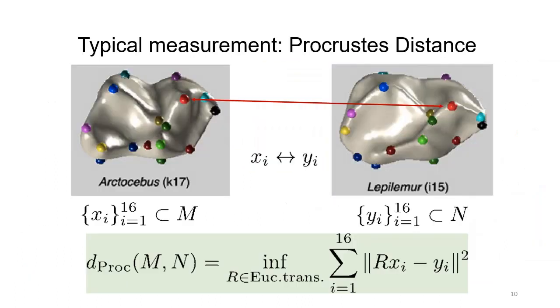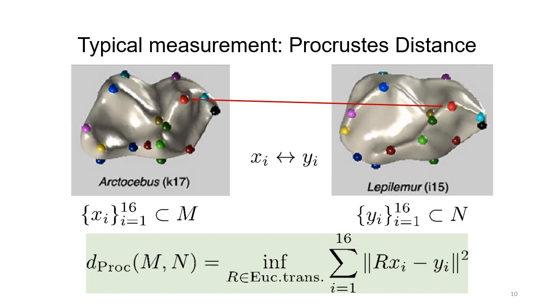The typical way to measure similarities between shapes is the so-called Procrustes distance. Here we have two simple teeth. On each tooth, we have landmarks hand-picked by biologists, and we have a correspondence between the landmarks.